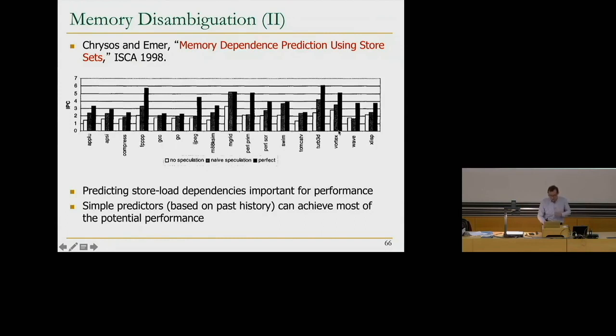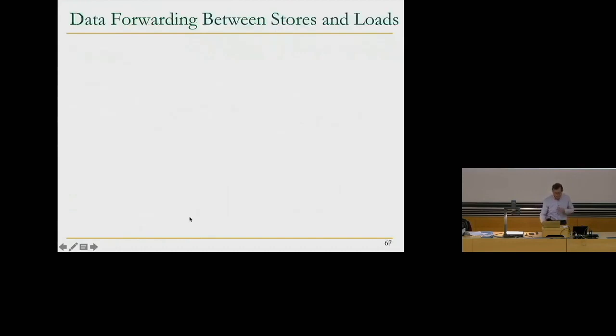So some of these are actually still used. But basically, if you look at this, the conservative approach is actually terrible. The aggressive approach is a little bit better, but the perfect approach has a huge gap. So that's why you would like to handle this well. Simple predictors can achieve most of the potential performance. I'm not going to talk about how to do the prediction. You can leave that to your imagination.